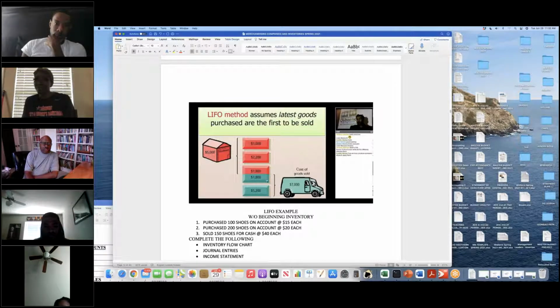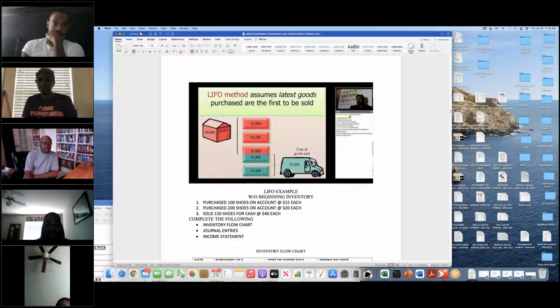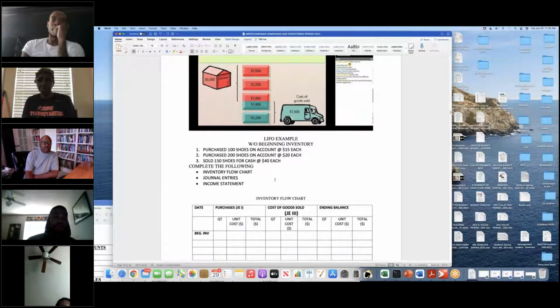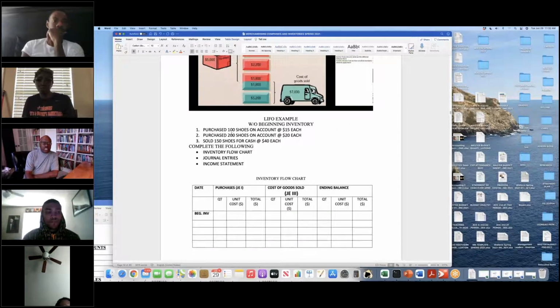So if these were the latest ones and these were the older ones, then LIFO will assume that you're selling the latest ones. So assume we purchase 100 pairs of shoes for 15 and 200 pairs of shoes for 20, and we sell 150.